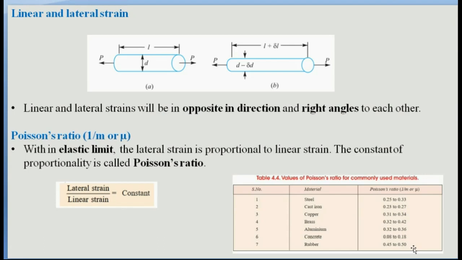It is around 0.45 to 0.50. And the Poisson's ratio is 1 for cork. That means cork doesn't have any difference in change in dimension. That means there won't be lateral strain or longitudinal strain. It is not going to take any kind of strain.